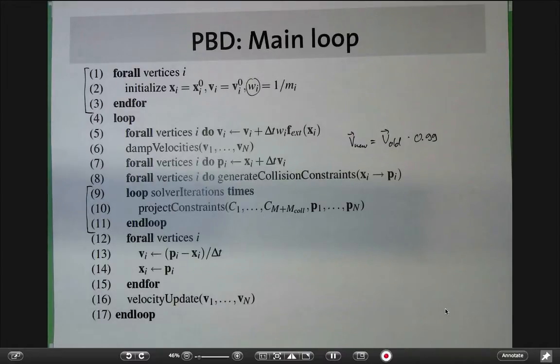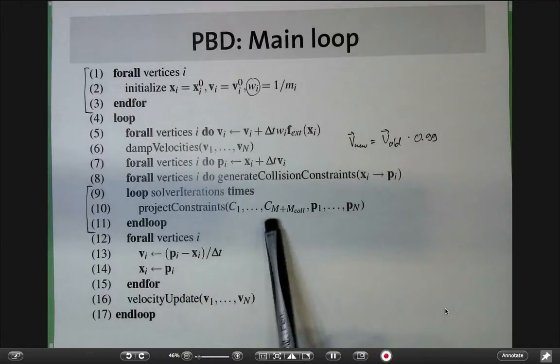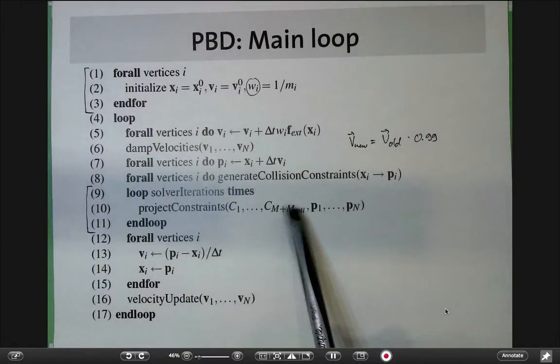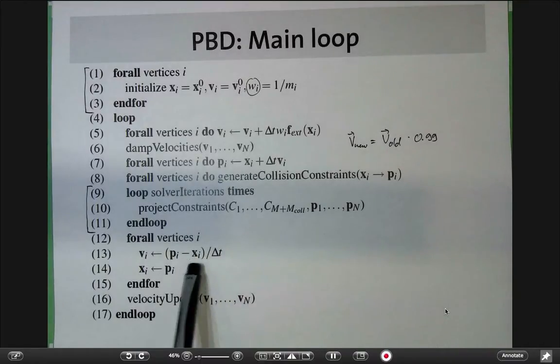Here is basically the substitute for integrating internal forces in classical physics. So instead of that, PBD projects constraints. Basically, the constraints are measuring how some points are not satisfied, and project constraints takes the constraints one by one and projects them. I will go into that in more detail in a little bit.